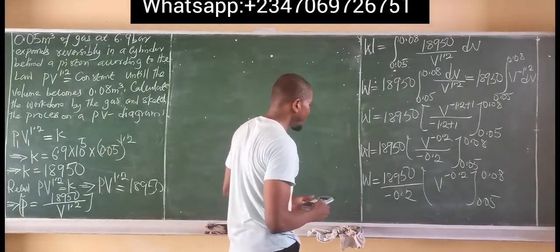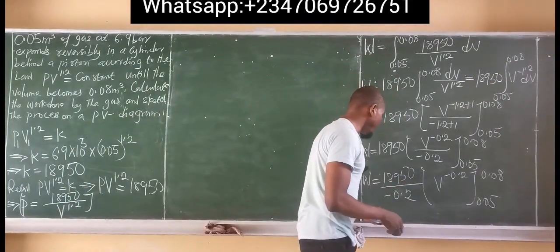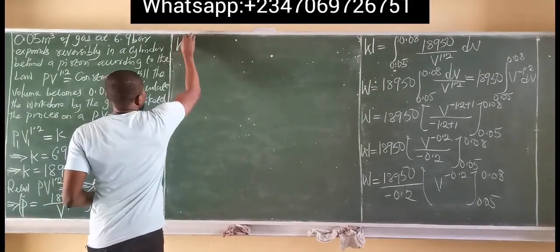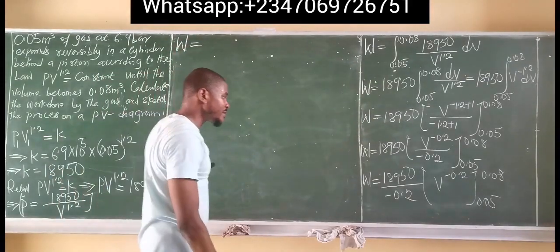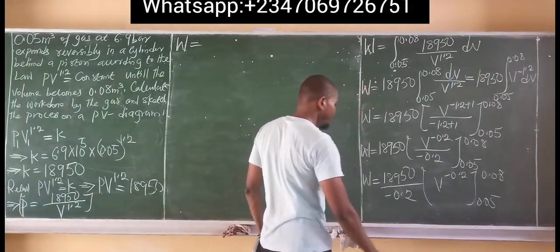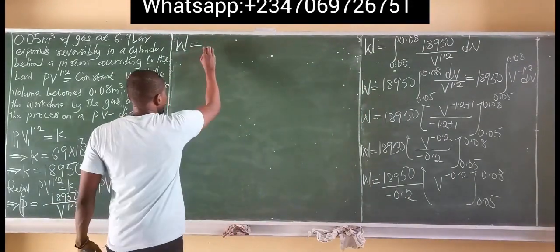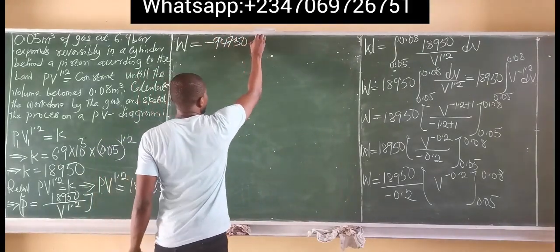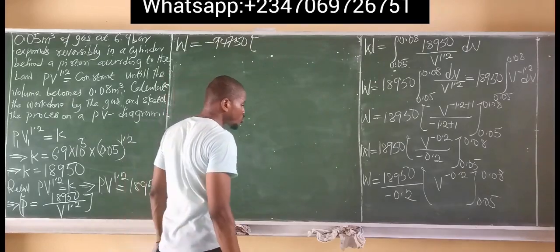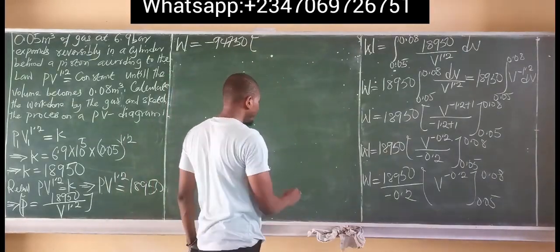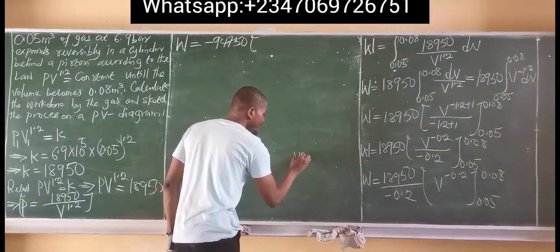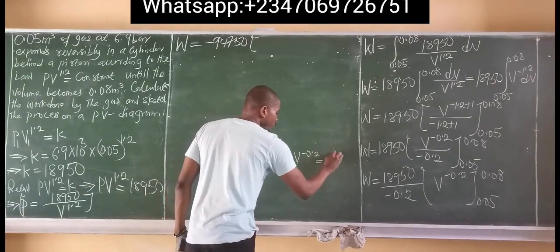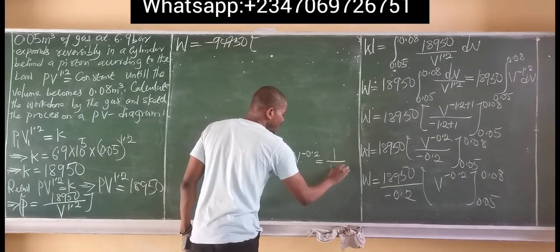All right, so we divide 18950 by minus 0.2, and that simply gives us work done is equal to minus 94750. Now also from indices, of course we already explained this earlier, v to the power of minus 0.2 can now comfortably be written as 1 all over v to the power of 0.2.